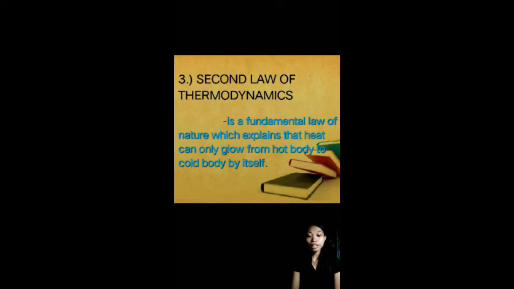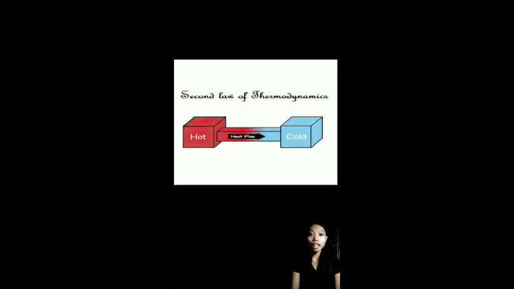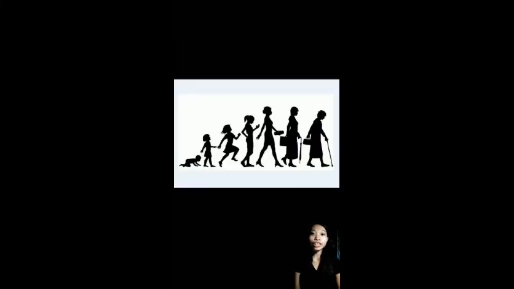The second law of thermodynamics is a fundamental law of nature which explains that heat can only flow from a hot body to a cold body by itself. Just like a coffee in a cup, at first when you put it, it is still hot, and after a few minutes, it becomes cold. Another example is our age. We go from being a child, then we grow old, and we can't go back to being a child; we only keep getting older. That is explained by the second law of thermodynamics.